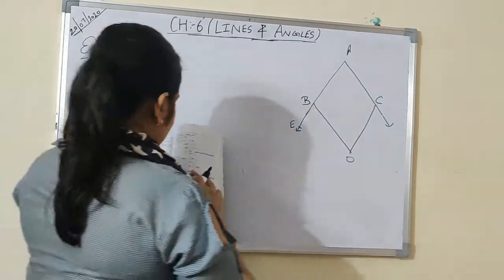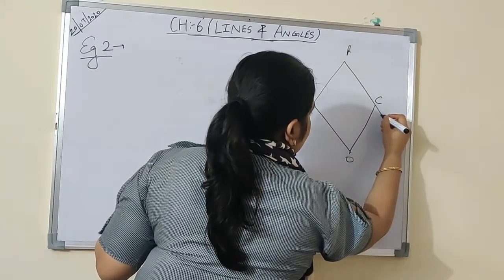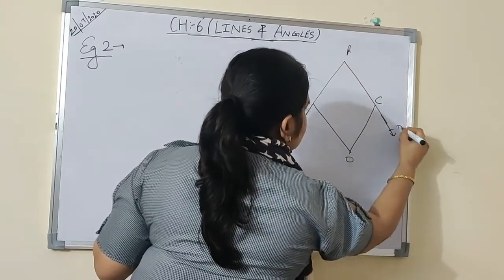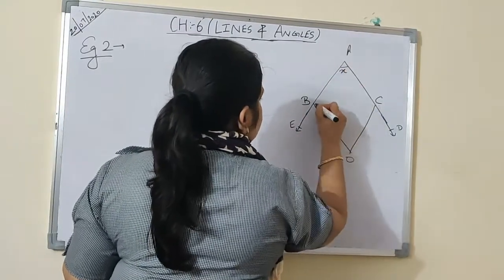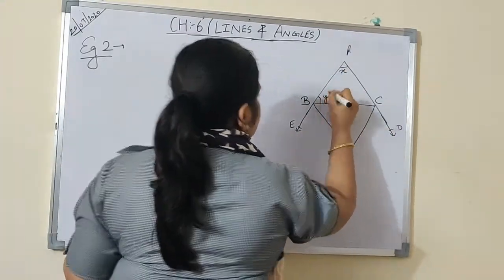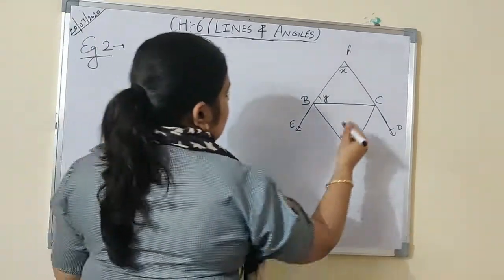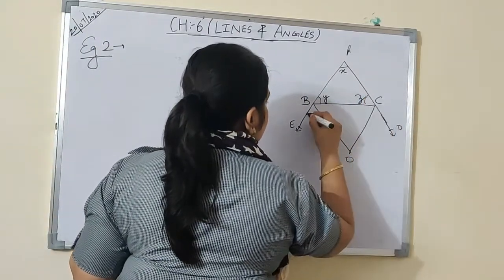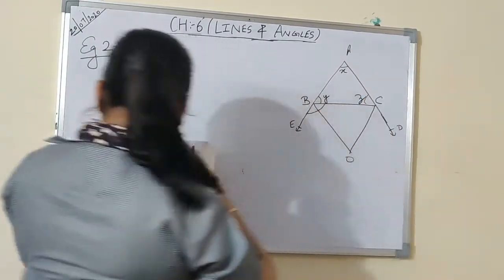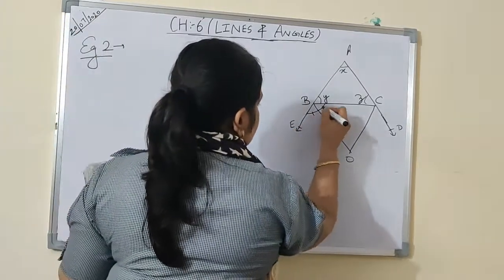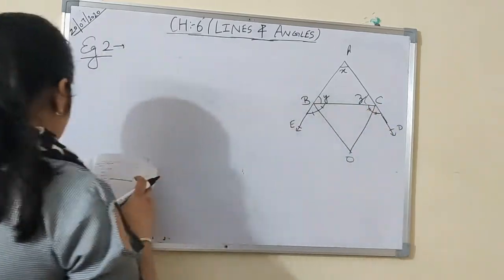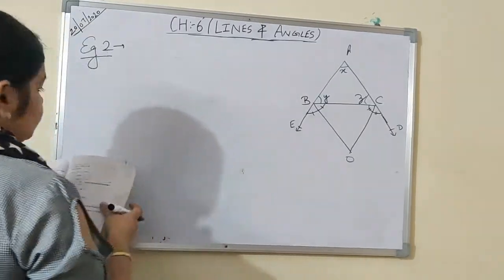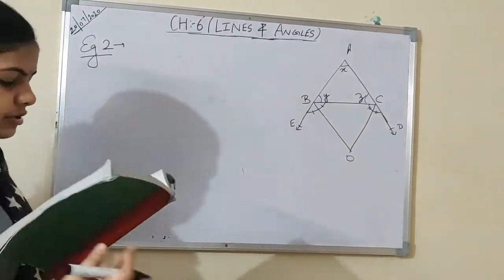This is point E. This is point D. Then this is X, this is Y, this is Z. Then what is given? This is equal to this and this is equal to this.